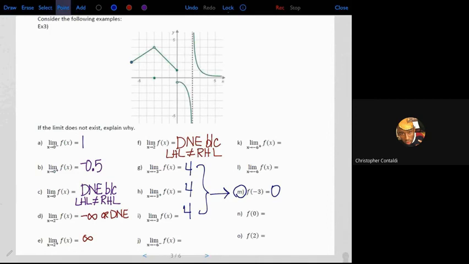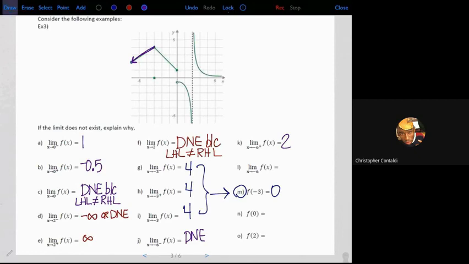I like your answer for from the right, because as I'm coming in from the right, it's 2. What's the problem with from the left? There's no road. How can I approach from the left when there's nothing there? This one does not exist. So you're looking at the right point. That's why I said close, because it's not like you're nowhere near it. But if you can't approach it from that side, then it doesn't exist.